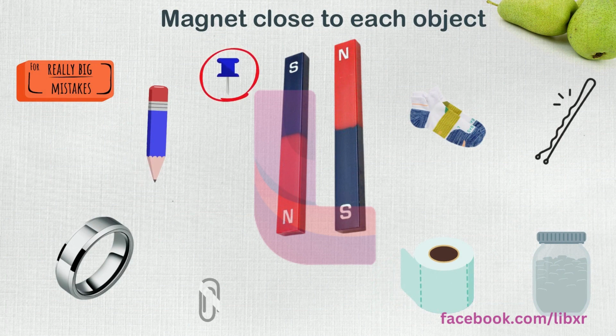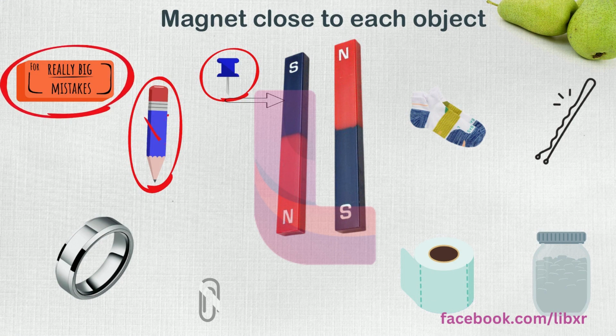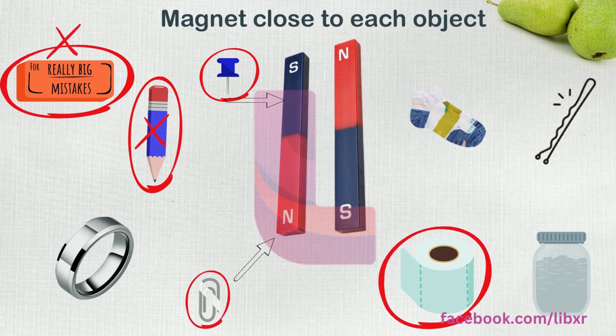The nail quickly got pulled up by the magnet, but the pencil did not, nor did the eraser. Wow! The paper clip stuck to the magnet too, but the tissue paper and the sock did not.